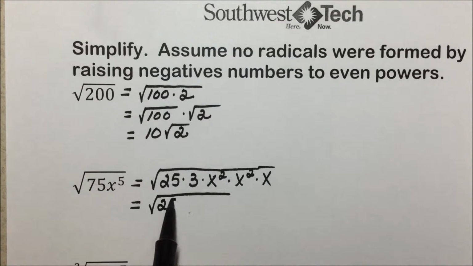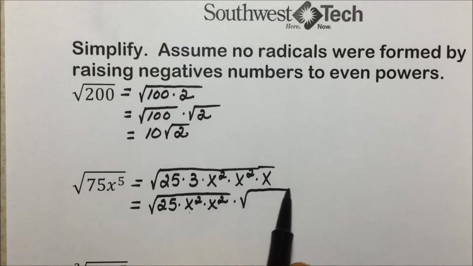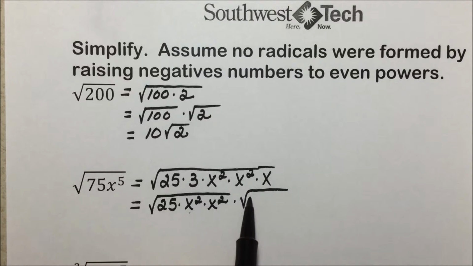I'll put the 25 and both of the x squareds underneath one radical, and the factors that aren't perfect underneath another radical. We still have the same factors. This would multiply to give us 75x to the 5th power, but we can simplify.